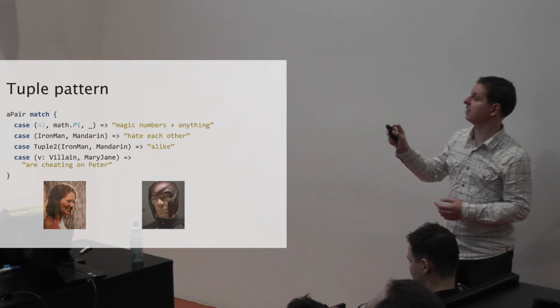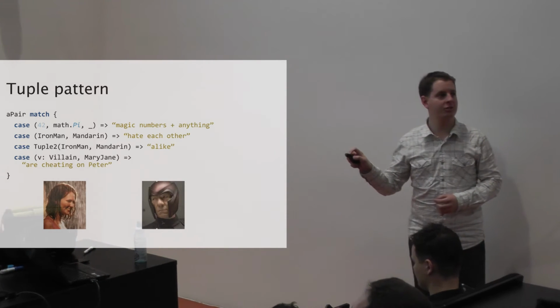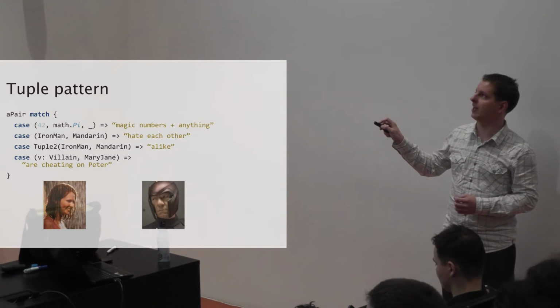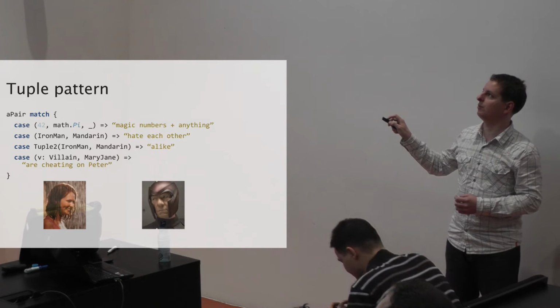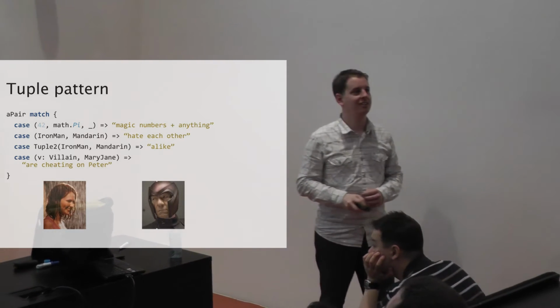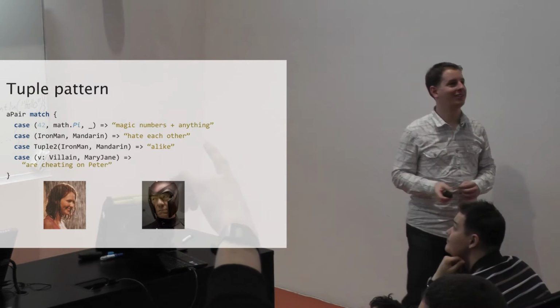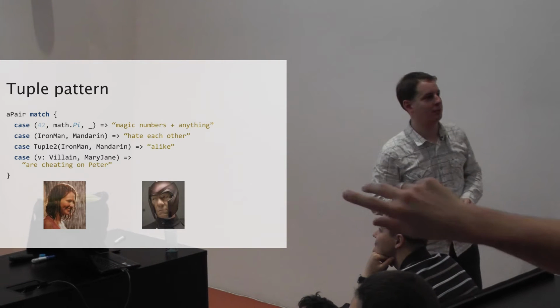Yes, this is a tuple pattern. The first element is matched against any villain, and the second element of the tuple is matched against Mary Jane. In this case, the villain is Magneto. So there's a tuple pattern.